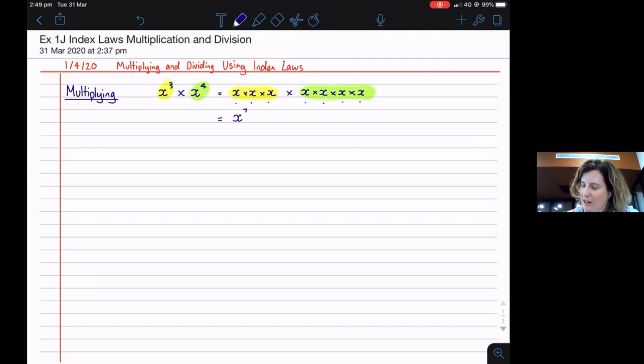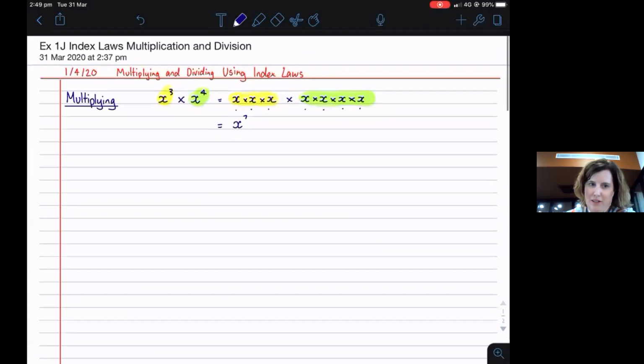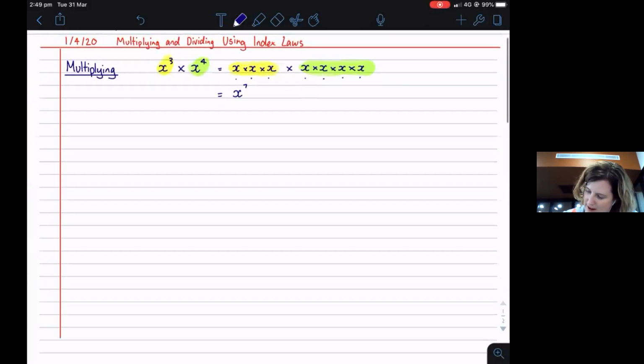Let's try another example. I can do this with numbers as well. So if I had 5 to the 3 times 5 to the 7 times 5 squared, well, 5 to the 3 is 5 times 5 times 5.